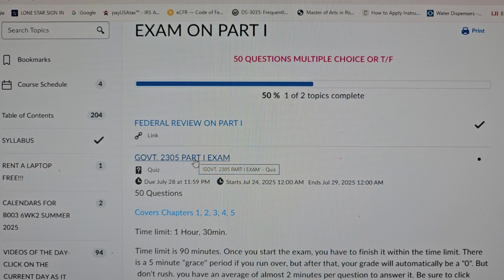Okay. All right. So you do those, and on these you get 2 attempts. I think you get 2 attempts on these. Yeah, 2 attempts are allowed. So you can take the exam twice, and whichever score is higher, that's the one you get. The other one just goes away.